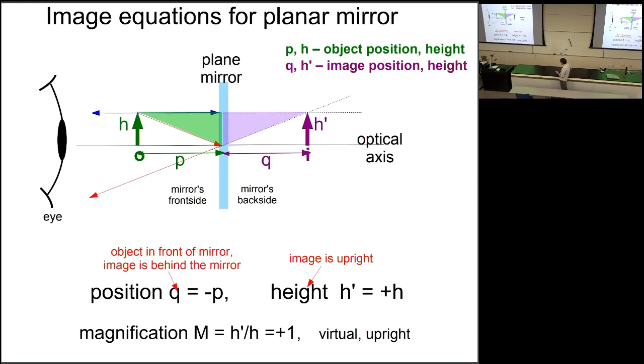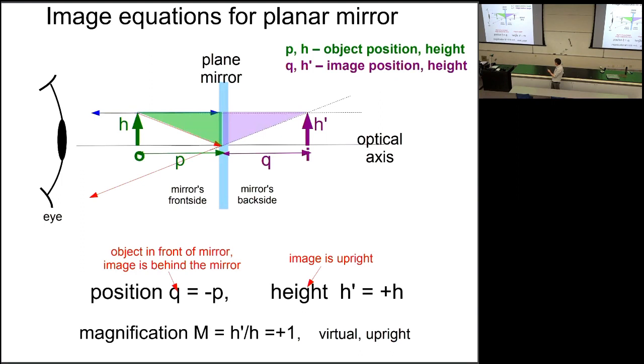So look, I put q, remember that's the image position behind the mirror, is equal to minus p, where p is the object position in front of the mirror. Why the minus sign? The minus sign is because we call positions in front of the mirror the positive side of the mirror.